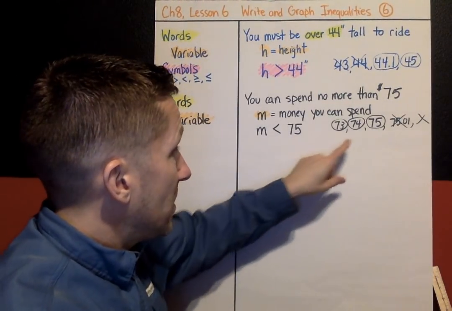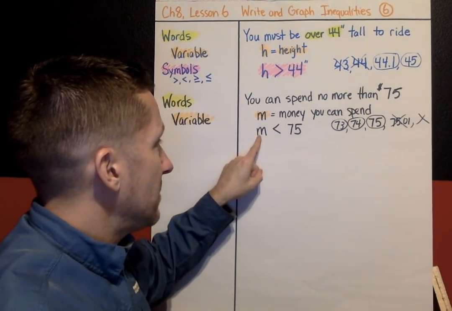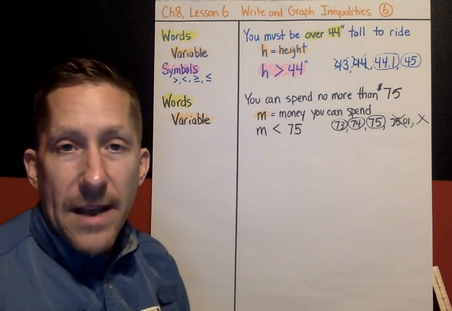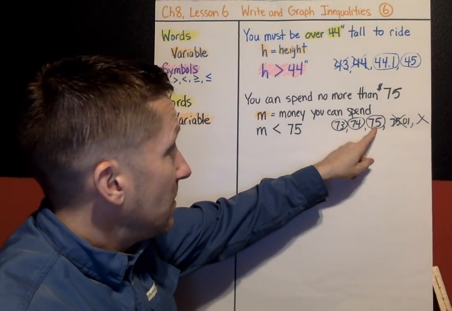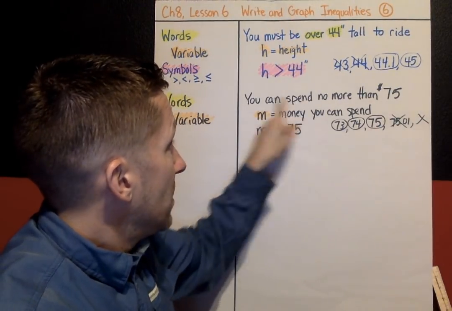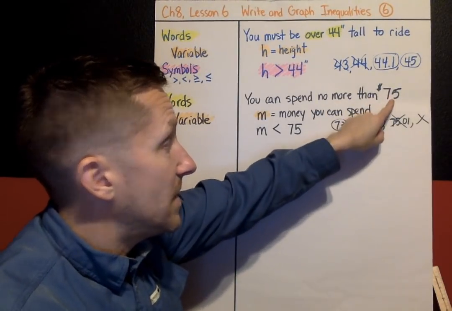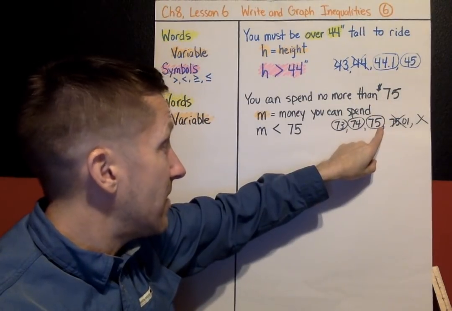So far, so good. What about 75? When I put in 75 into this, is 75 less than 75? Well, the answer now is no. So now I have to think about this. Do I want to include 75? I do, because you can spend no more than 75, but that includes 75. I just would have no change back, but I could spend 75.